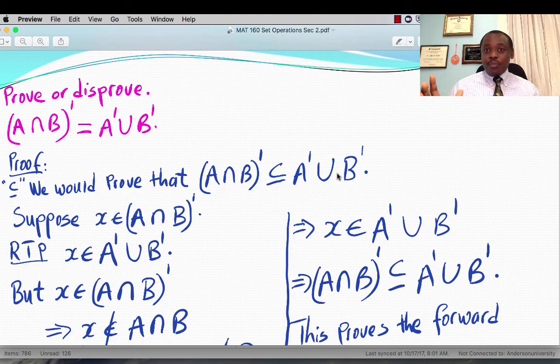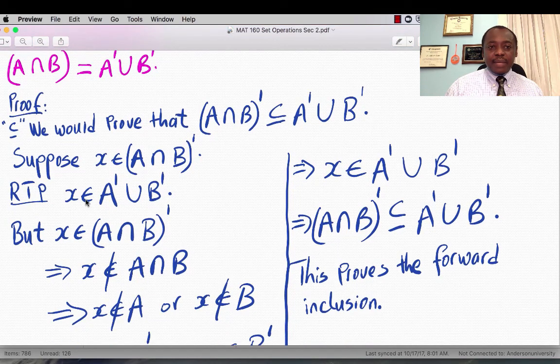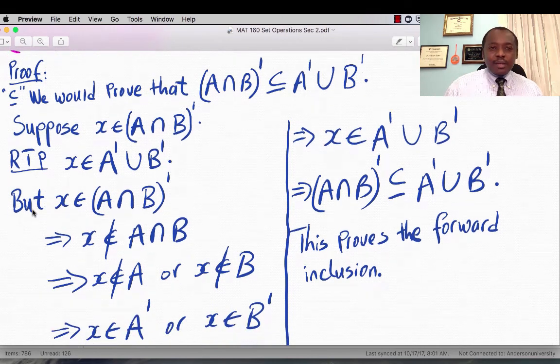Okay, that is how we demonstrated that A was a subset of B. A is a subset of B if every element in A is also an element in B. And to prove that, I pick an element in A and show that the element is in B. So let X be an element in the left-hand side, (A intersection B)'. Required to prove: X is an element of A' union B'. Now, let's proceed. But X, an element of (A intersection B)', what does that mean?